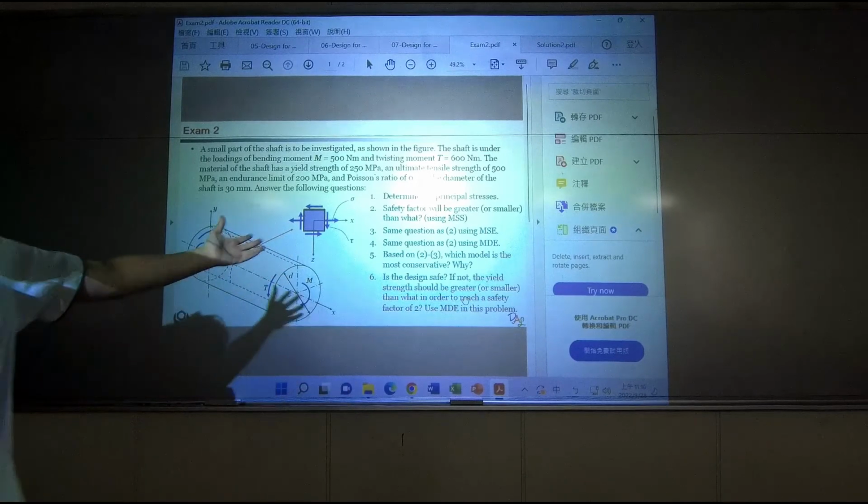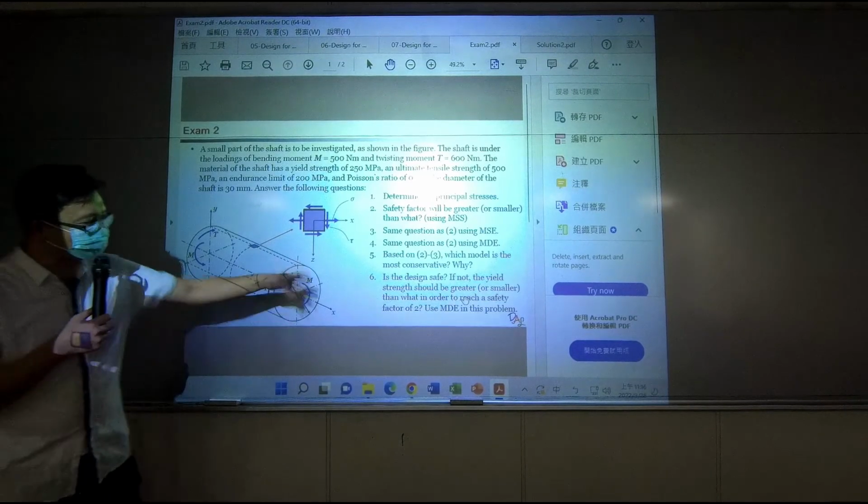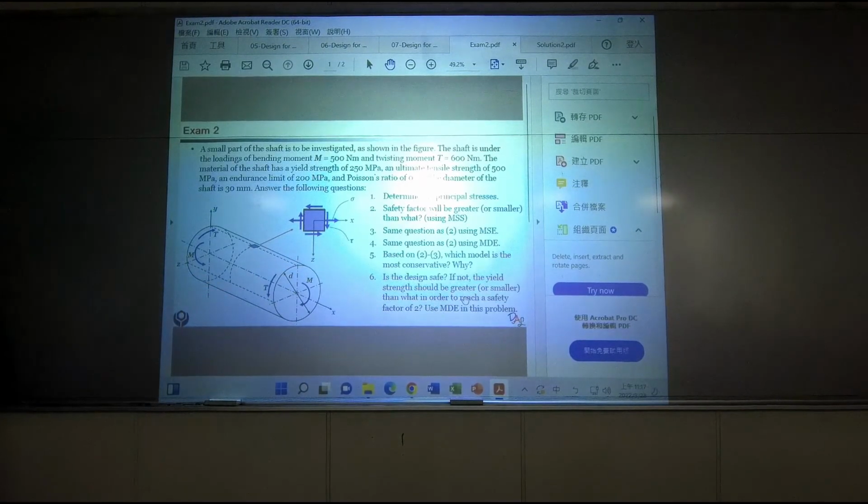Like right now, maybe it's a softer metal, and if the equation tells you you need a greater yield strength, that means you need a stronger metal. Basically, the equation can tell you. So we wish we can find a different material with some yield strength, and we wish that material will reach a safety level of 2.